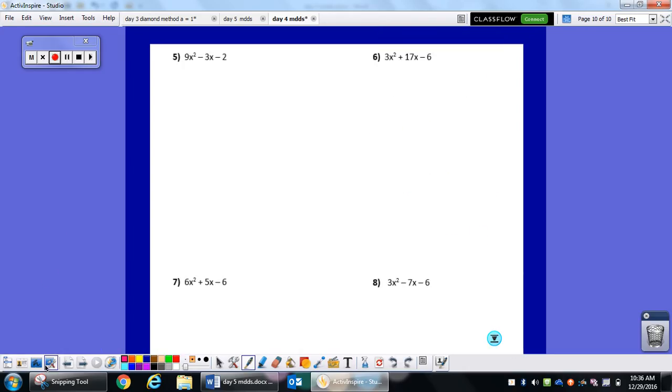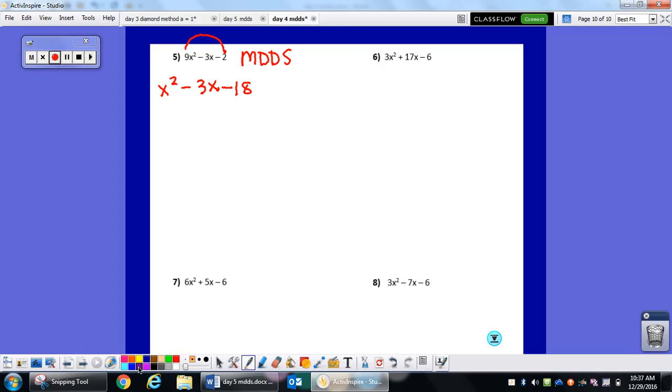So if you notice, I've taken the boxes away, but I would use your notes for help. I would probably even write the steps right here to remind myself what I do first. So your first step is to rewrite x squared minus 3x, and then you do 9 times 2. Notice I'm just keeping my signs the same. So minus 18.